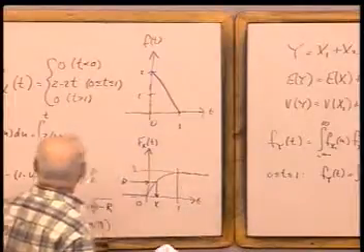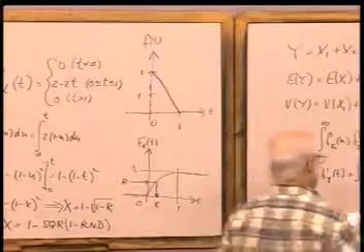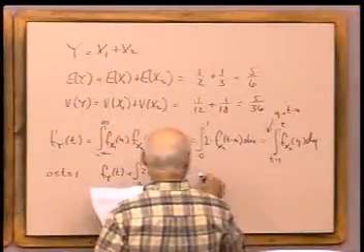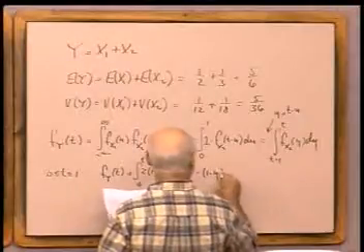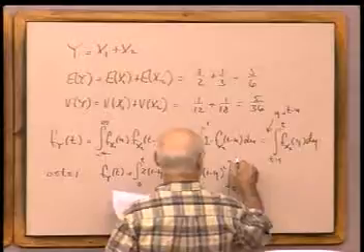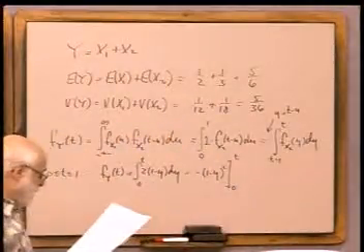I wrote it that way because that makes it easier to integrate. So now I integrate that, and I get minus 1 minus y, quantity squared, between 0 and t. If I differentiate that, I get that. So this is easy to integrate.